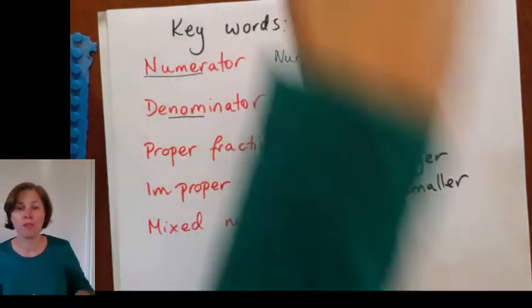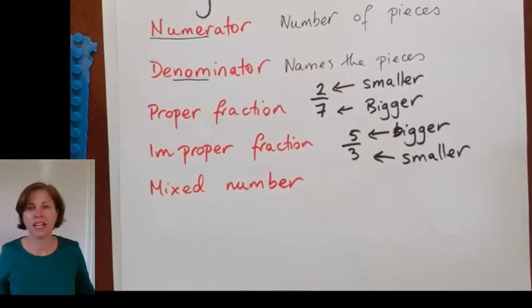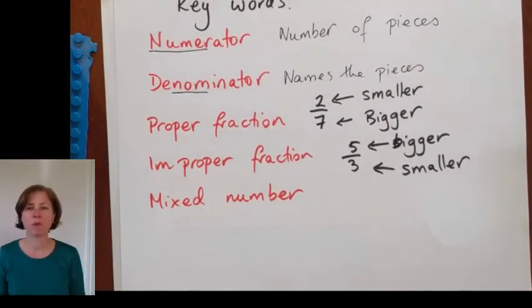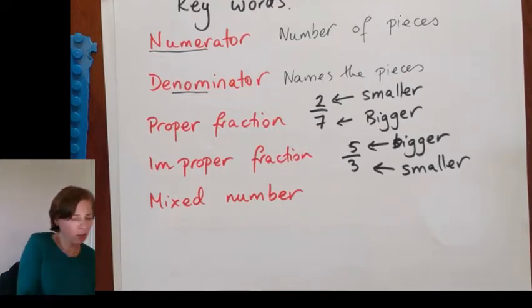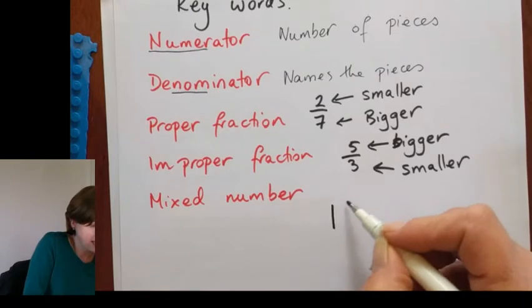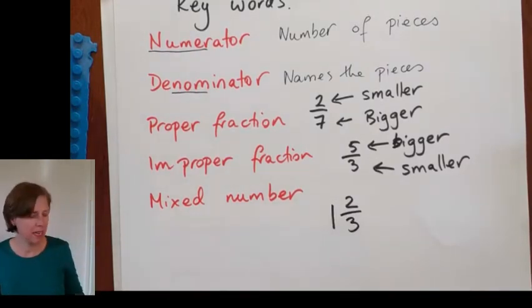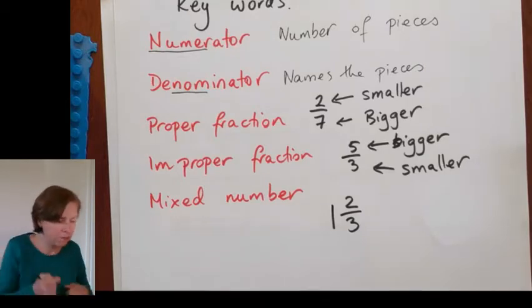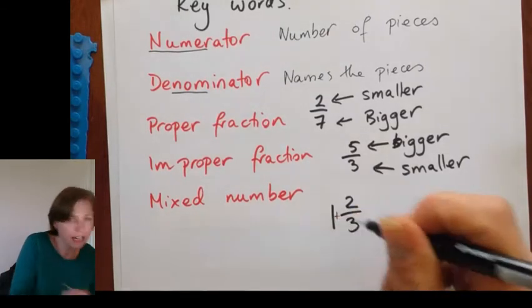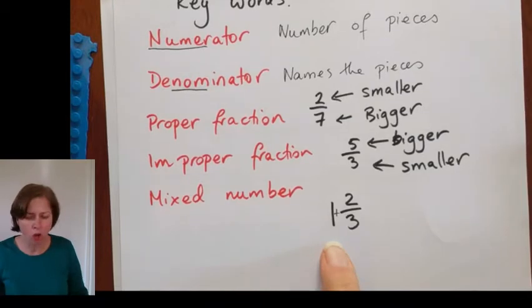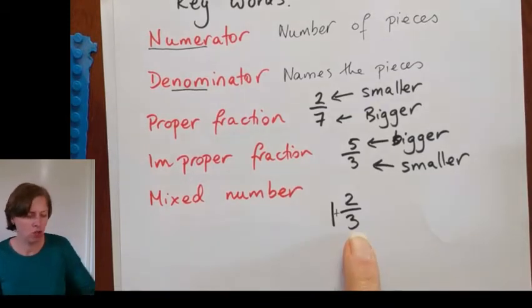That's more than 1. Now, mixed numbers are the same as improper fractions, but rewritten. So 5/3 I could rewrite as 1 and 2/3. Now, when I'm writing mixed numbers, there's a kind of little invisible plus in there. I've got 1 whole plus 2/3.